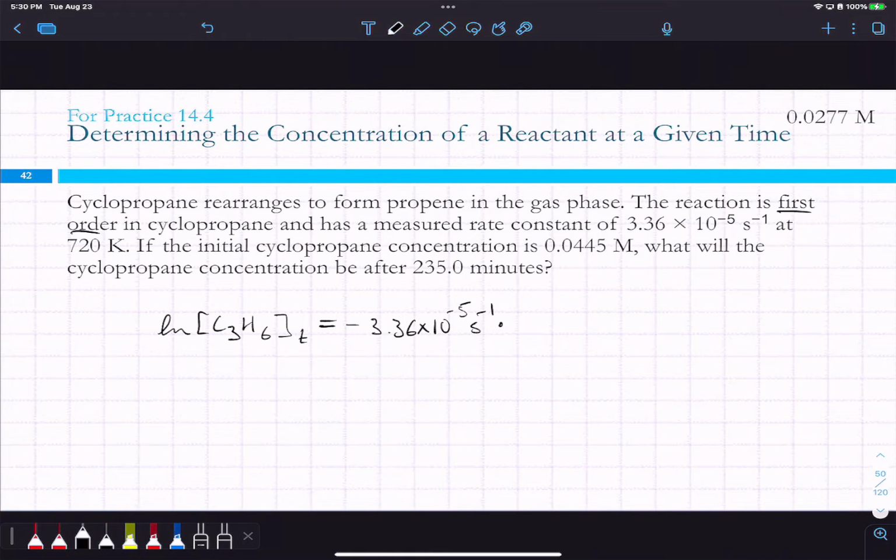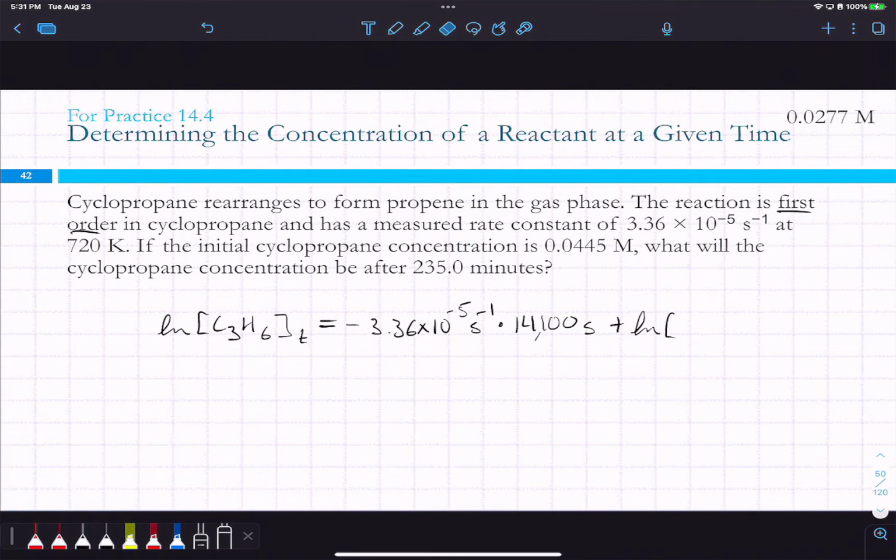Our time here is in minutes, but k is in inverse seconds. So two things you could do. You can either convert k into minutes, or you convert your time into seconds. I think that's right. So that many seconds plus the natural log of our initial concentration.